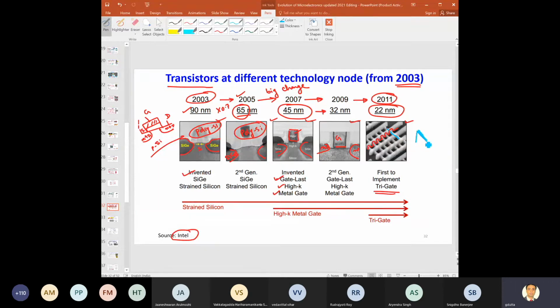If I have to draw it, it will look like this, on top of which you have a gate, and the gate is like this, right?